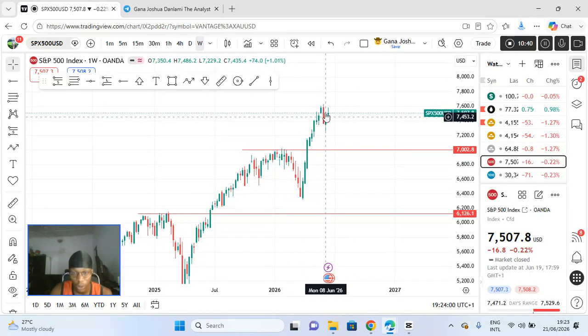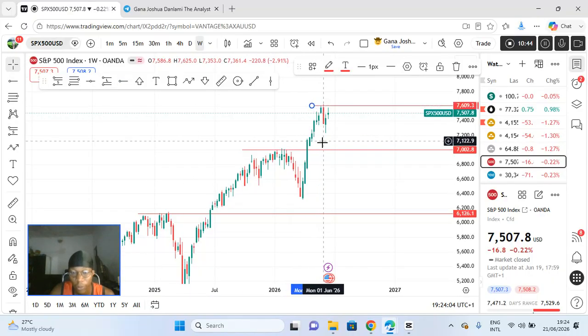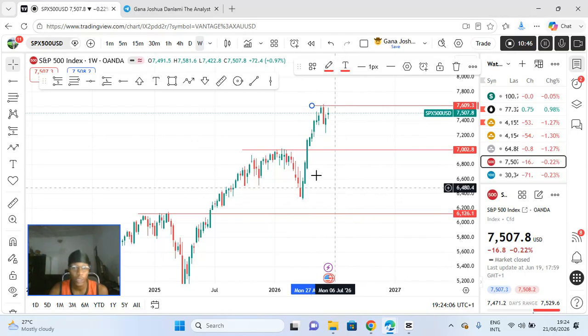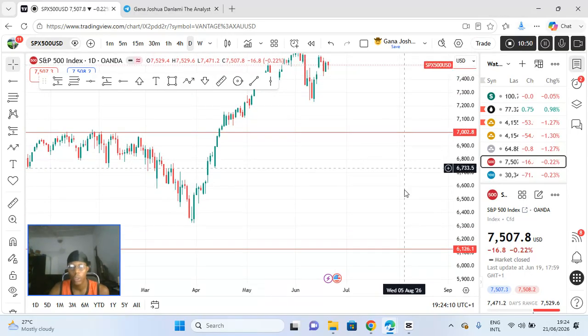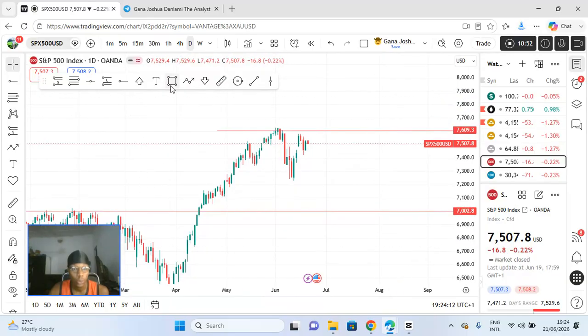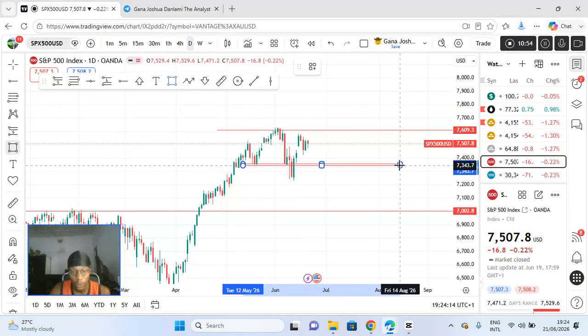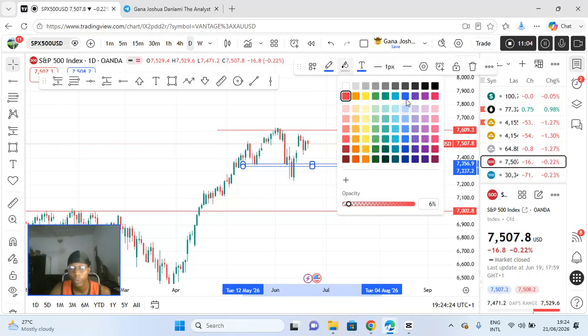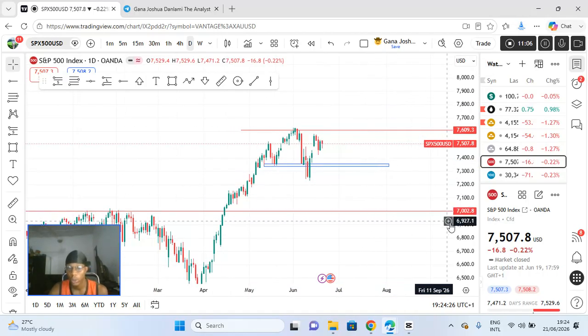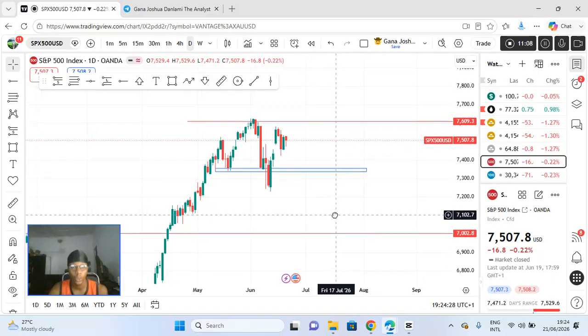For the past weeks, price has been cooling off for S&P 500 from below 7,600. But what are we going to be looking out for this new market open? I could see this level of support as a potential zone for price to come retest and continue to the upside. Anywhere you see blue is support, anywhere you see red, resistance. Basically that's what we do, support and resistance.